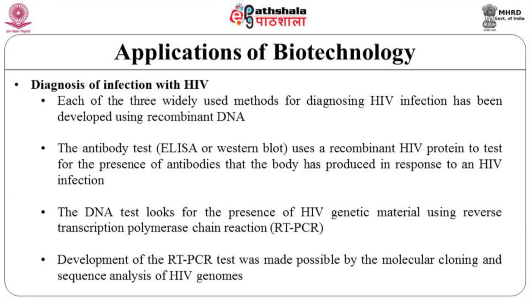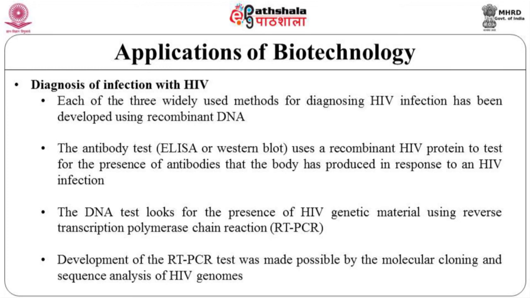Diagnosis of infection with HIV. Each of the three widely used methods of diagnosing HIV infection has been developed using recombinant DNA. The antibody test, ELISA or a Western blot, uses a recombinant HIV protein to test for the presence of antibodies that the body has produced in response to an HIV infection.